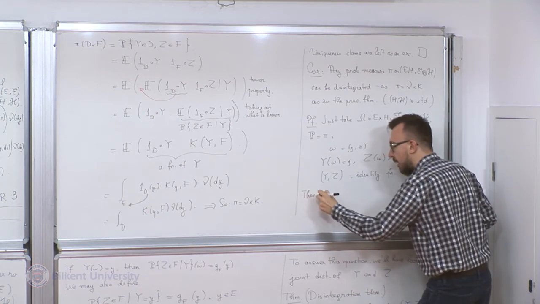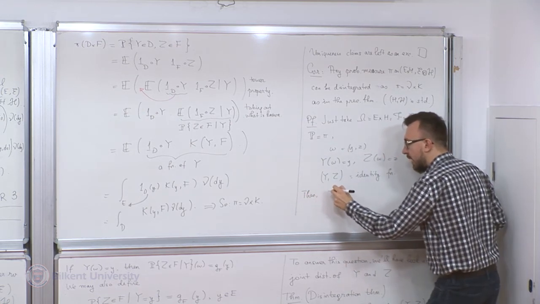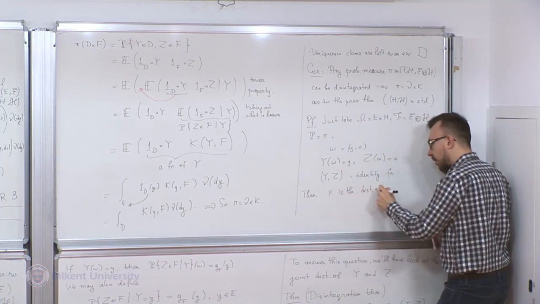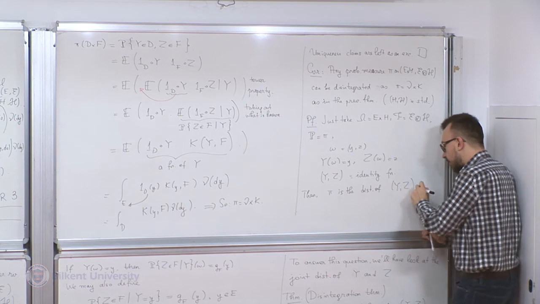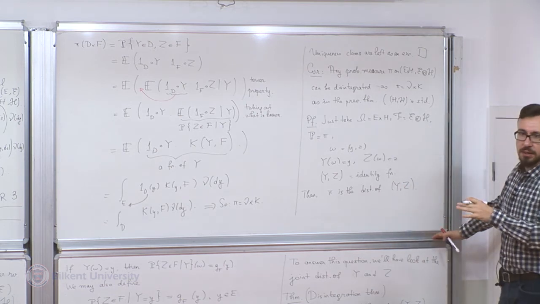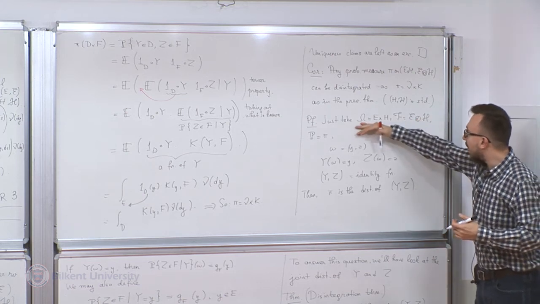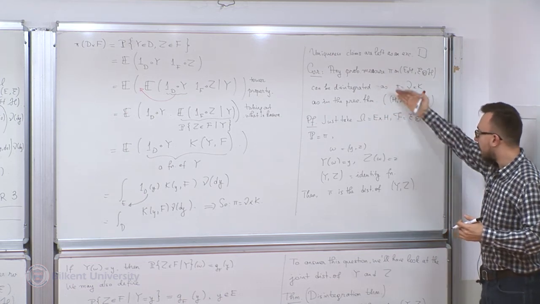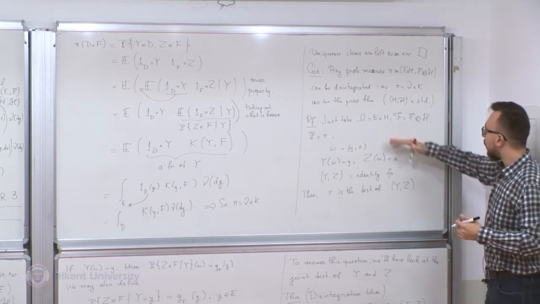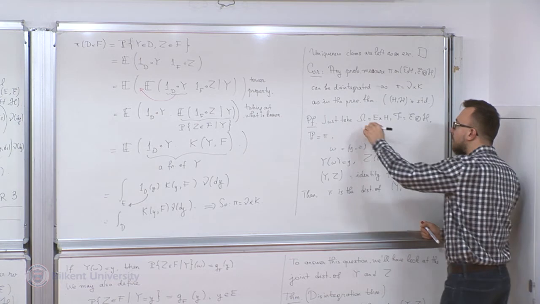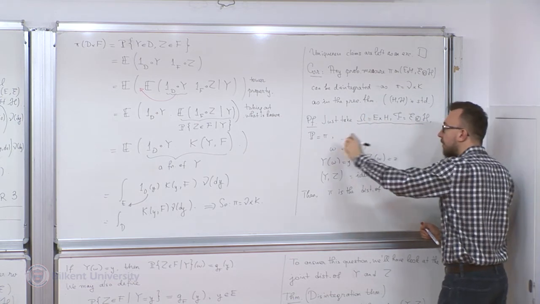Then pi is the distribution of the identity function. So every probability measure can be seen as the distribution of the identity function if you accept to take omega and the image space as the same thing. So it is from E cross H to E cross H, this vector. I'm taking a special probability measure, not an arbitrary one.